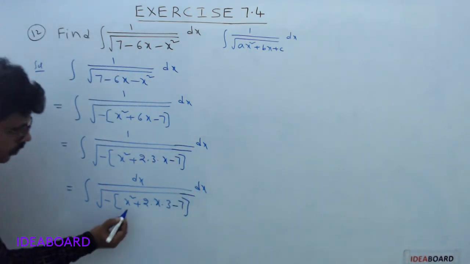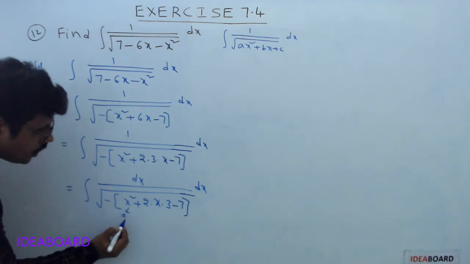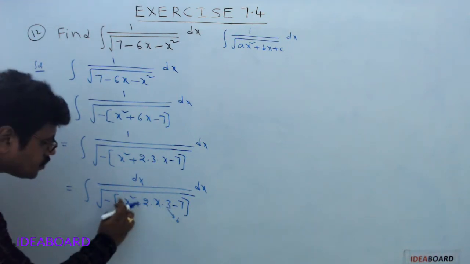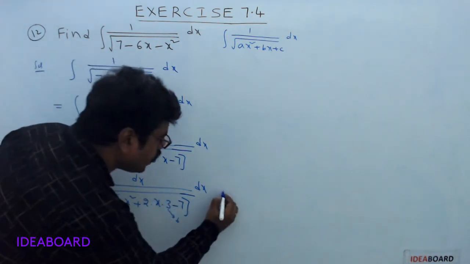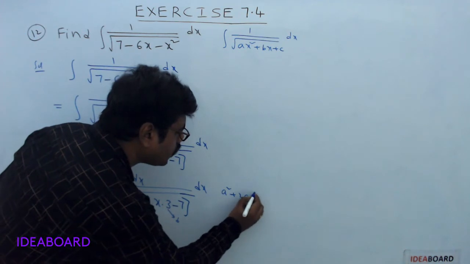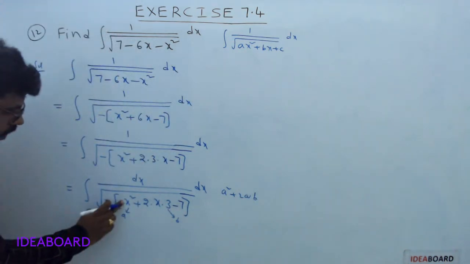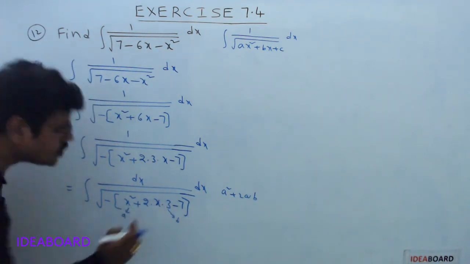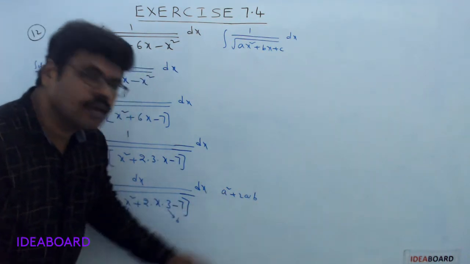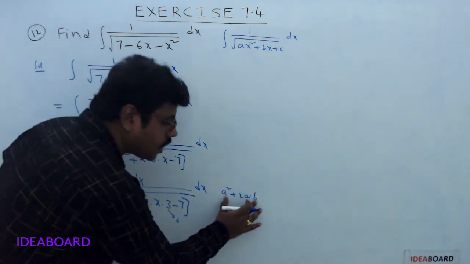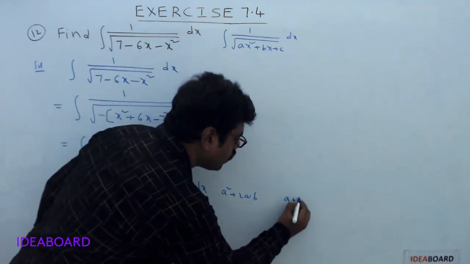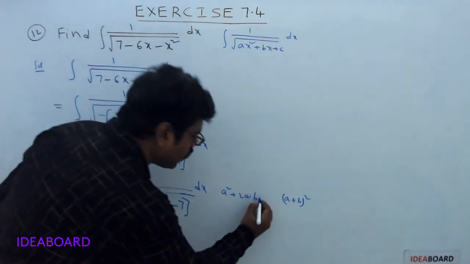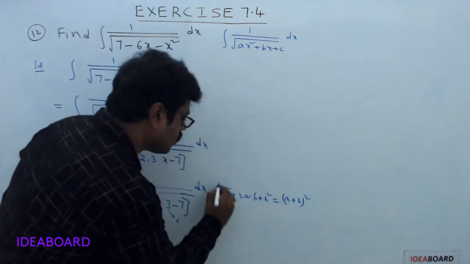Now here if you consider this x as a and this constant term 3 as b, this expression is of the form a square plus 2ab. Consider x as a and this 3 as b. This expression is of the form a square plus 2ab. So, to convert this expression into the form a plus b whole square, we need one more term. What is the term? Plus b square.